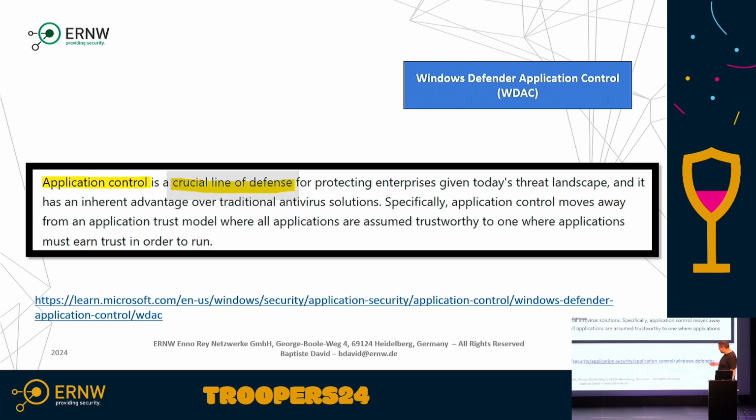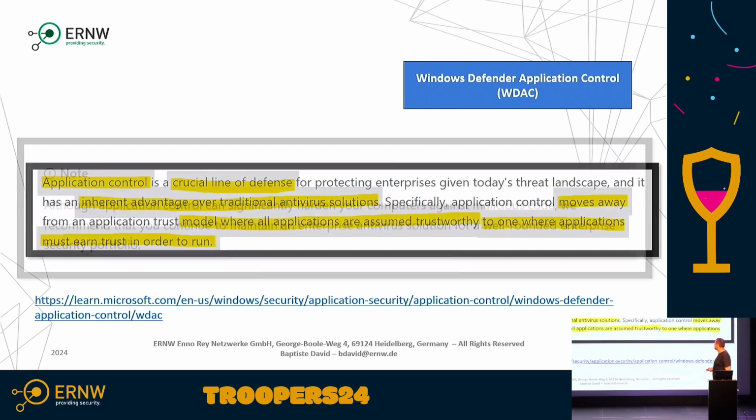And as it's correctly written, application control is a crucial line of defense, which takes inherent advantage over traditional antivirus solutions, so it's not an antivirus solution, and which moves away from the trust model based on applications which are assumed to be trustworthy or not. That's the idea of application control: only execute the applications which are defined to be safe.